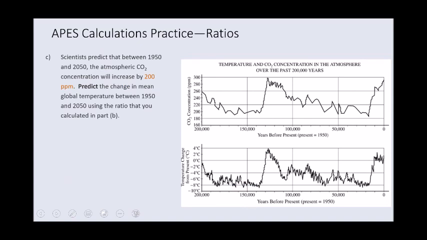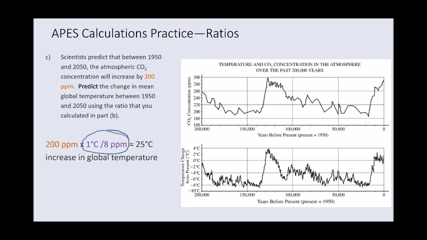Scientists predict that between 1950 and 2050, the atmospheric CO2 concentration will increase by 200 parts per million. Predict the change in mean global temperature between 1950 and 2050 using the ratio that you calculated in Part B. So what was that ratio? 1 degree Celsius for every 8 parts per million of CO2.